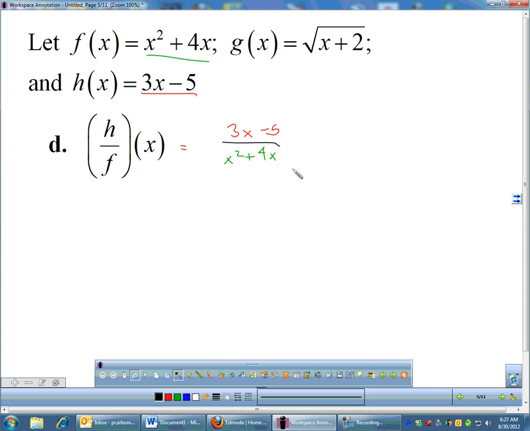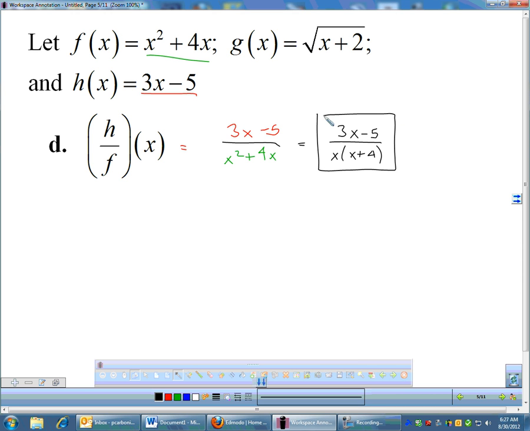And I'm looking at my denominator, and I can factor an x out of that. So that'll be x times x plus 4. My numerator is 3x minus 5. And then I'll look at that and see if anything cancels. It turns out nothing canceled. So the factoring in this case didn't help us any. But it's a good idea in the case of rational functions, in case of these fractions, to go ahead and factor just in case something does cancel.